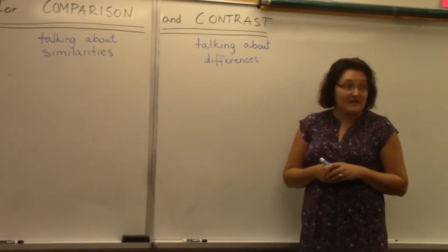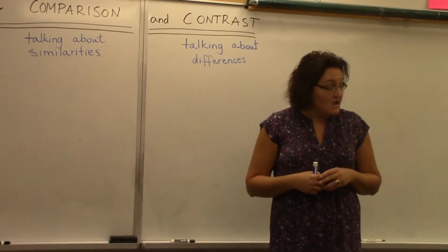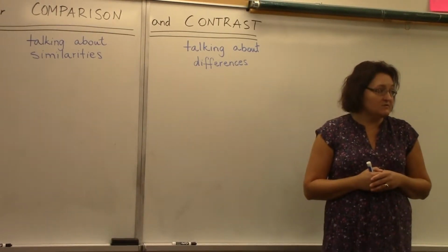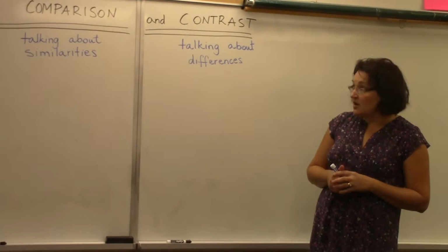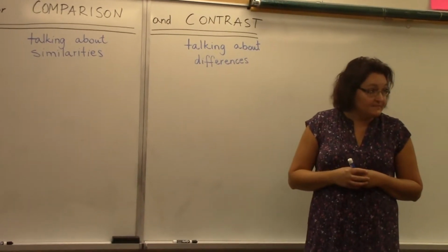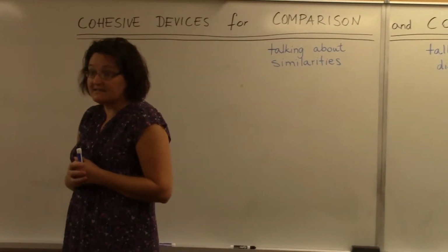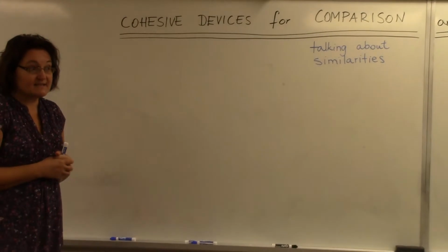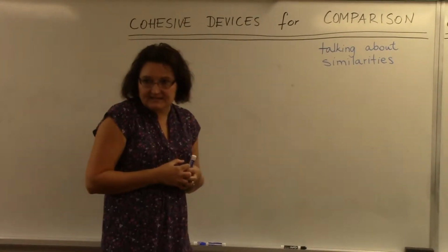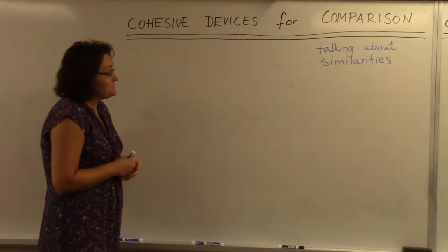The words and phrases that we will be looking at today will help you recognize when you're listening to speech that the person is talking about similarities or differences. So these are words and phrases that we use in the language to connect ideas, to connect different language bits.